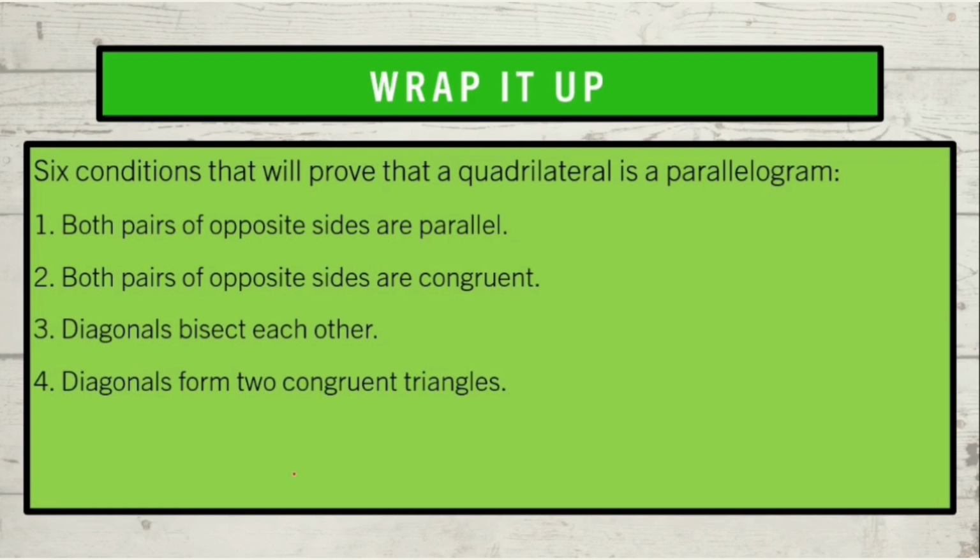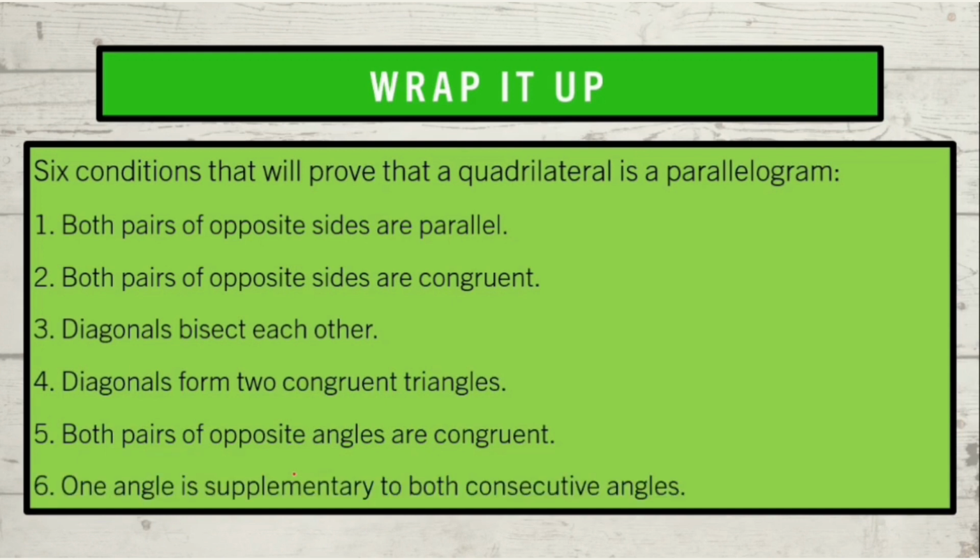Number 4, diagonals form 2 congruent triangles. Number 5, both pairs of opposite angles are congruent. And the last one is, one angle is supplementary to both consecutive angles. 1 and 2 pertain to sides, 3 and 4 pertain to diagonals, and 5 and 6 pertain to angles.